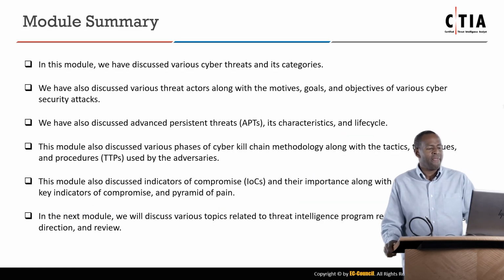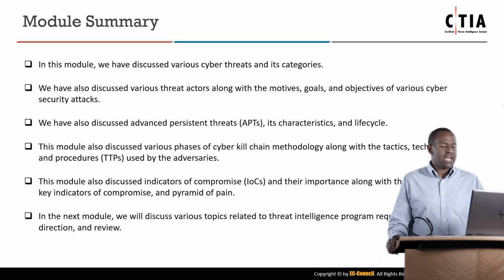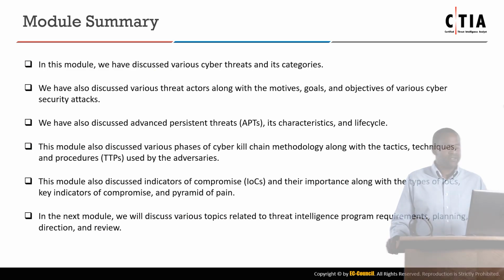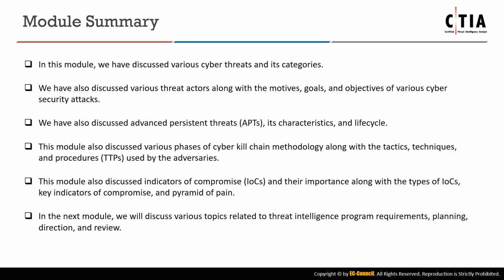And what we've seen in this module is the various cyber threat categories. We've looked at the threat actors and goals and motivations for cybersecurity attacks. We've looked at APTs, advanced persistent threats, and the APT life cycle. We also looked at the cyber kill chain methodology with the tactics, techniques, and TTPs.